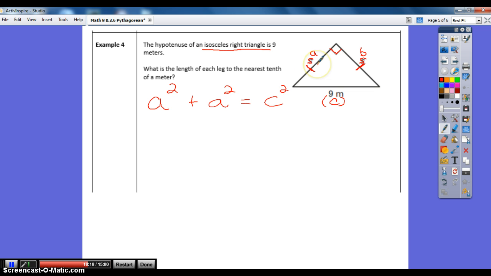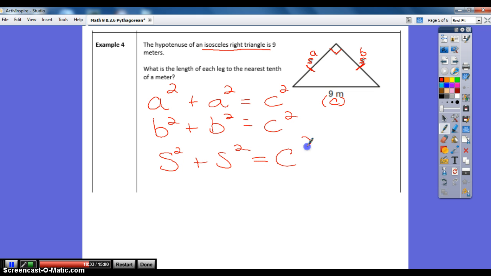Because they're the same, right? Or B squared plus B squared equals C squared, because these are isosceles, they're the same. They labeled them S, so S squared plus S squared equals C squared. Same thing. Let's work with this one when they labeled them an S for the sides, because those sides are equal.